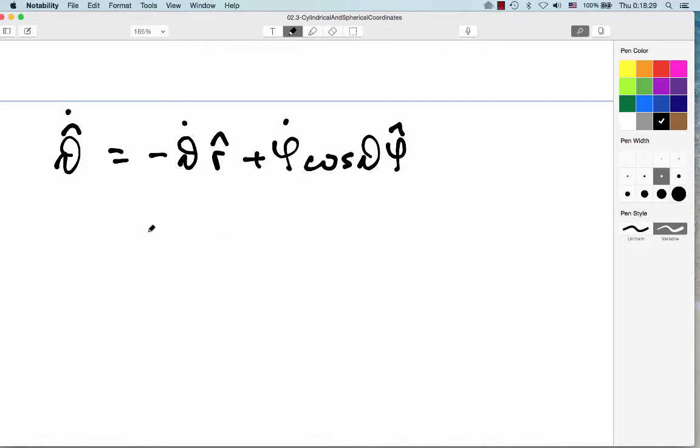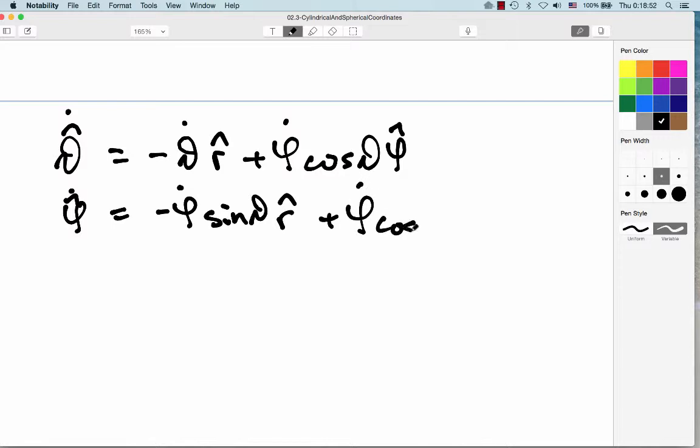And then finally, by the same sort of process, you should be able to convince yourself that phi hat dot is equal to minus phi dot sine theta r hat plus phi dot cosine theta theta hat.